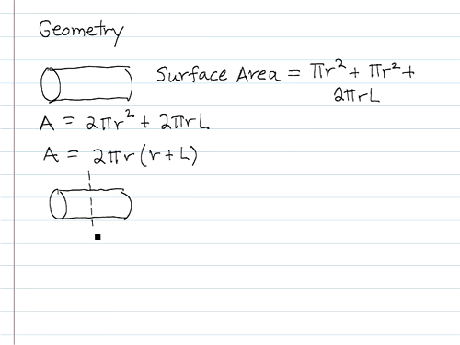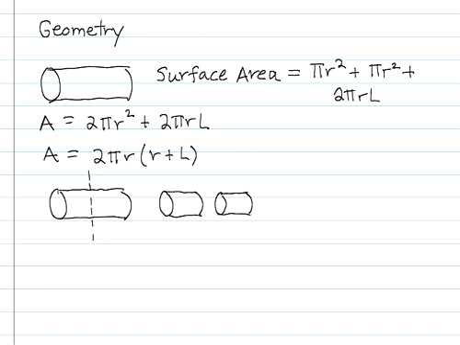So let's say I cut through it this way. I chop right down through the middle, and when I do that, what I get are 2 smaller cylinders. And so the cross-sectional area would be the new area that's exposed.